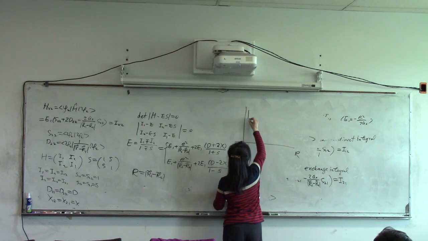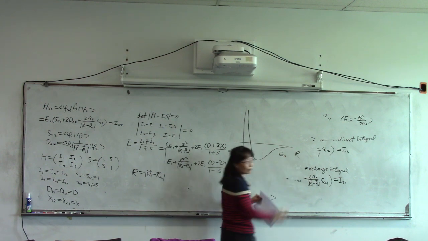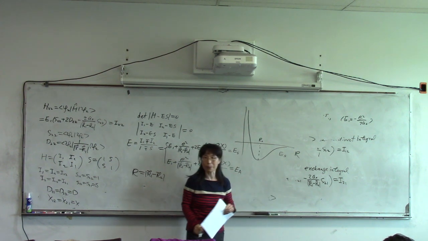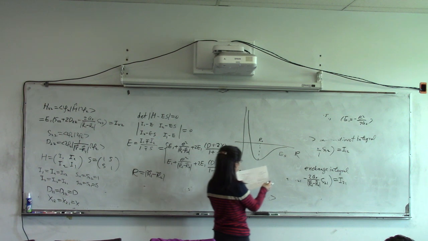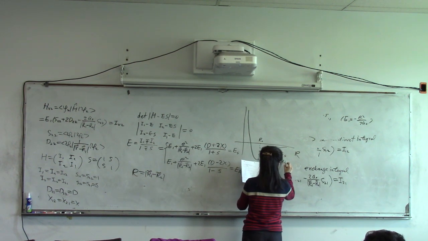This is a function of E symmetric, and here we have a minimum. This is R naught, and we say that is bound. We call it forming a bonding state.